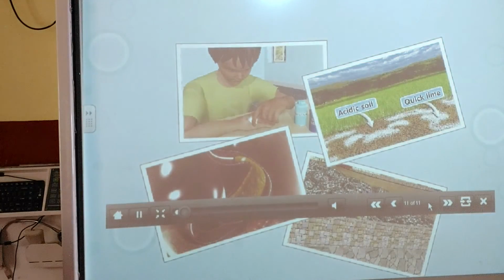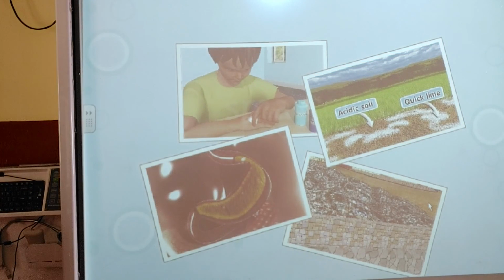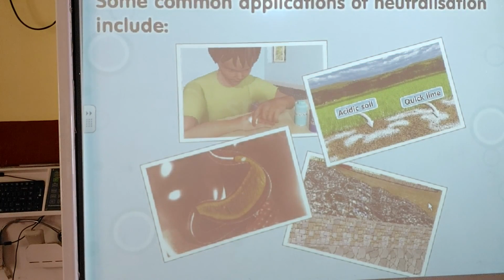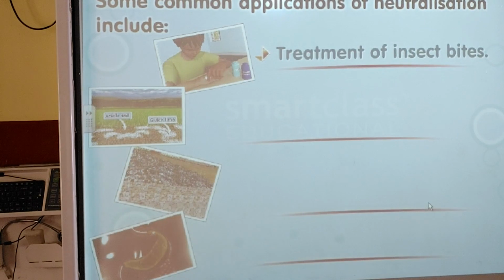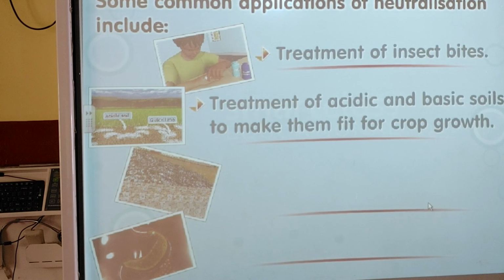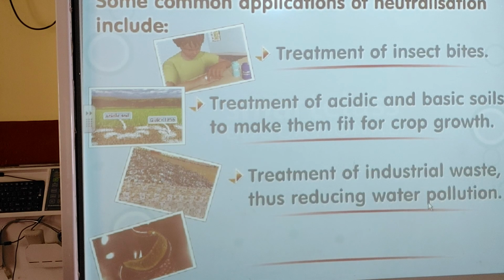In this module you learned some common applications of neutralization: treatment of insect bites, treatment of acidic and basic soils to make them fit for crop growth, treatment of industrial waste, thus reducing water pollution, and treatment of stomach acidity.